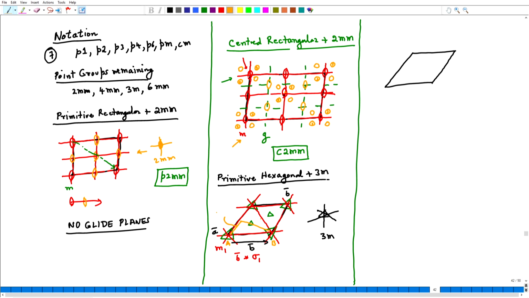So, this is my T parallel, and this becomes my T perpendicular. And therefore, where are the glide planes going to be? The glide planes would be, take the perpendicular component, and midway in the perpendicular component, the glide plane would be like this.